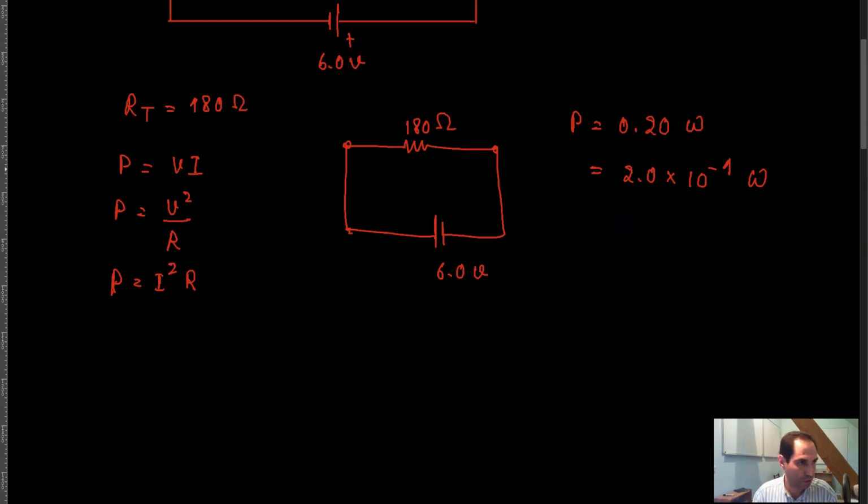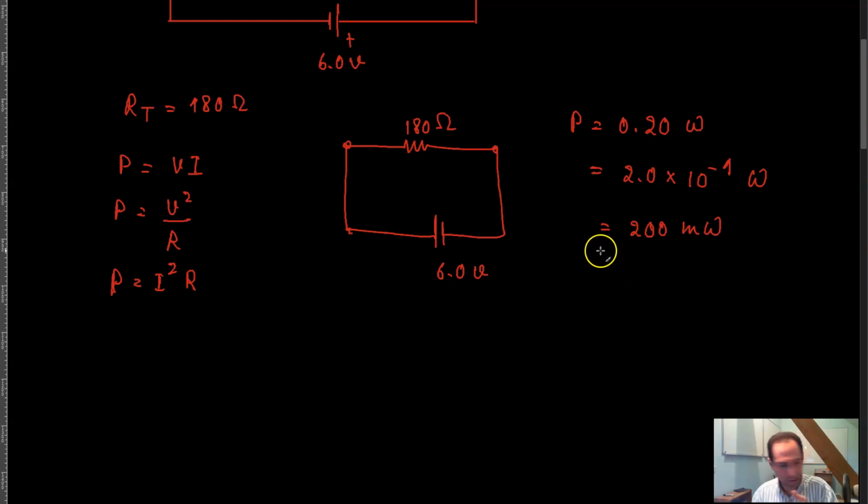In electronics, usually people don't care about scientific notation that much. When you get 0.20 watts, they call it 200 milliwatts, and so there is always ambiguity there.